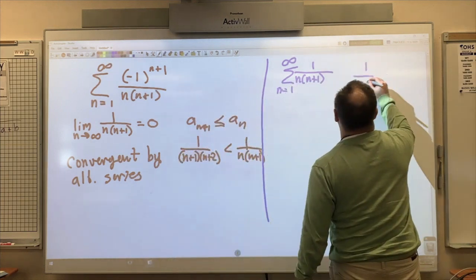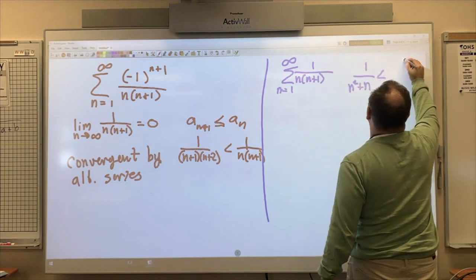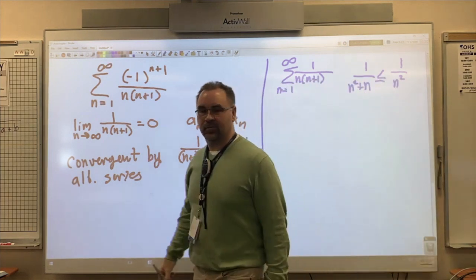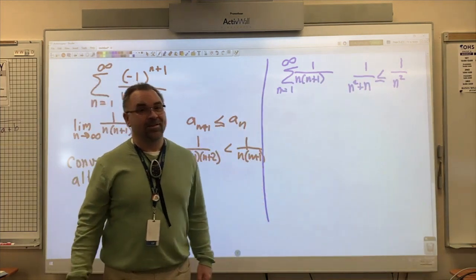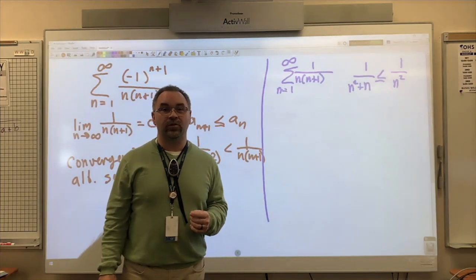Isn't 1 over n squared plus n always less than or equal to 1 over n squared? It is. So by direct comparison to 1 over n squared, we know it's convergent.